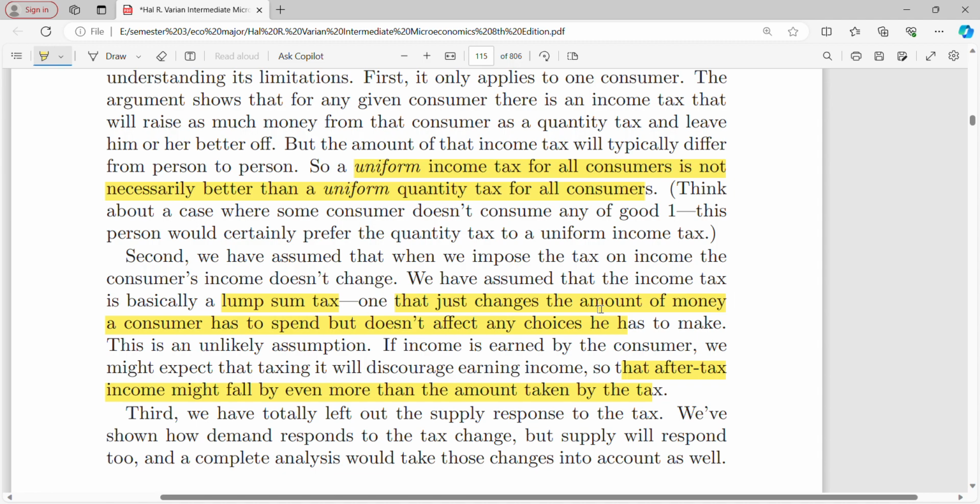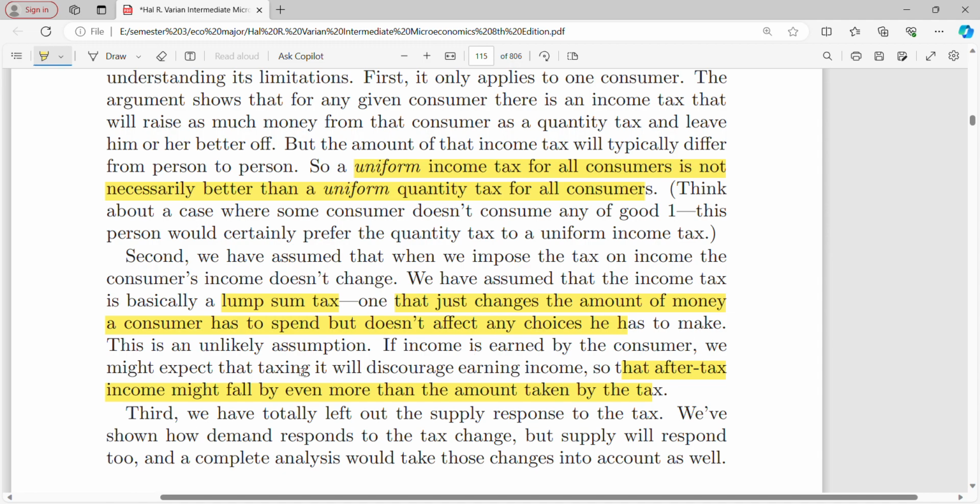See, if your after tax money is decreasing, will you be encouraged to work or earn income? If your money earned is decreasing, your interest to work and earn money will also decrease. That is, the income tax discourages earning income.